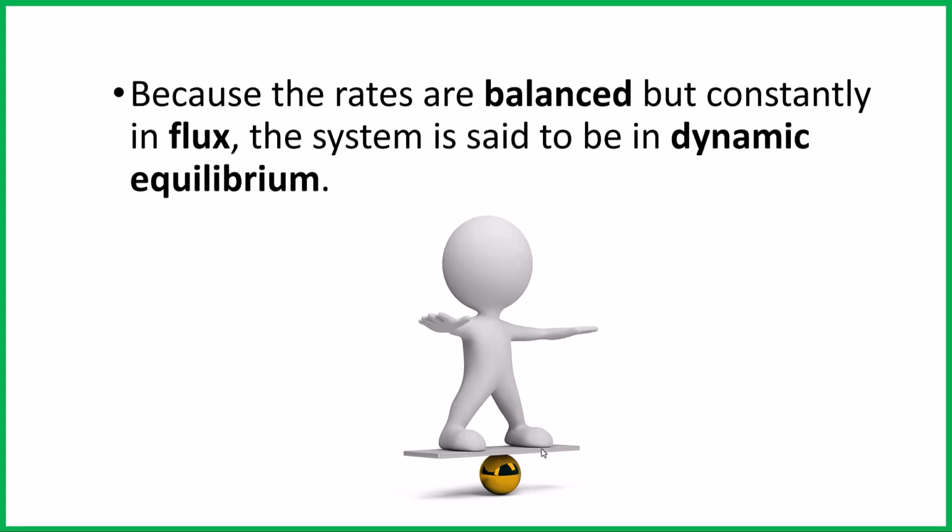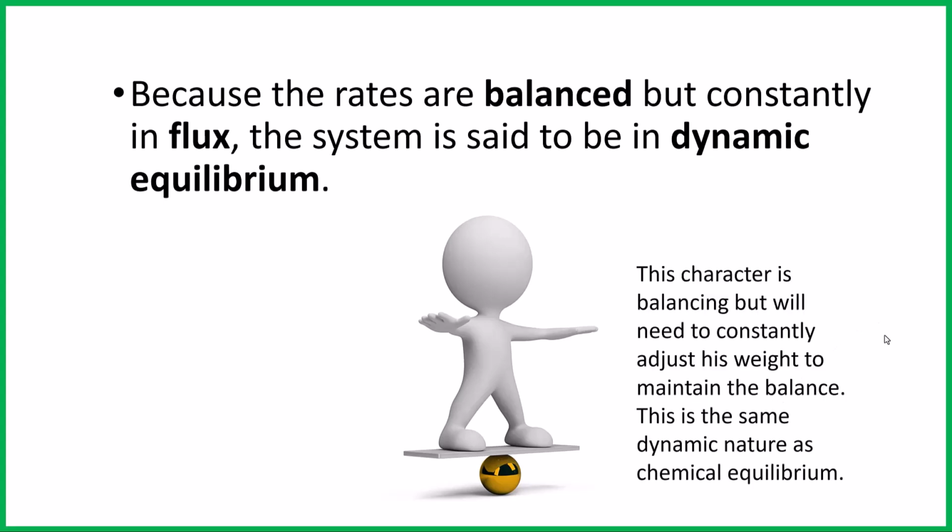You're constantly having to move, but you are able to stay balanced. But it's a constant shifting back and forth in order to maintain that level of balance. And this is the same dynamic nature as chemical equilibrium.